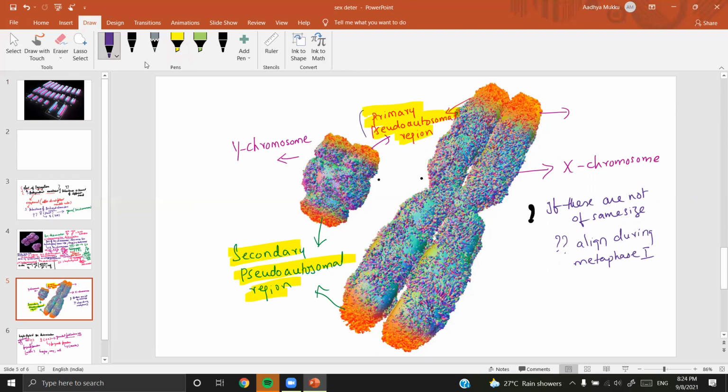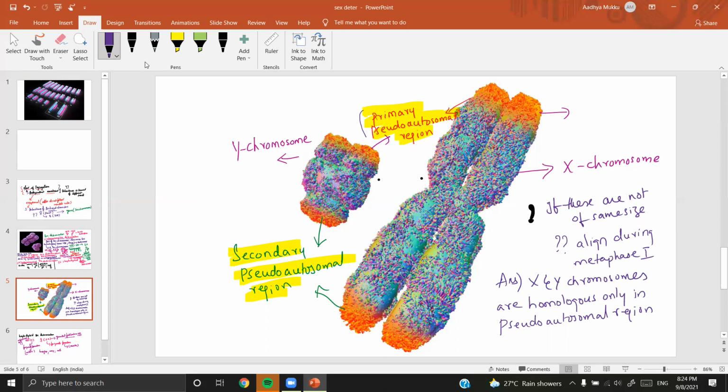So the answer is: X and Y chromosomes are homologous only in the pseudo-autosomal regions, so they align at those regions only during metaphase 1.